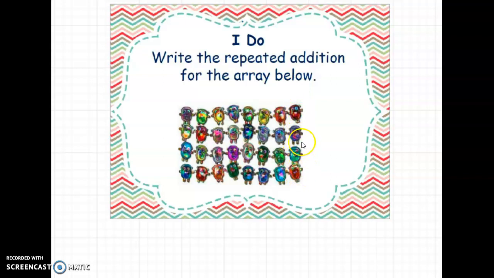Right? So 4 rows and 8 columns, that tells me that each row has 8 items in there.